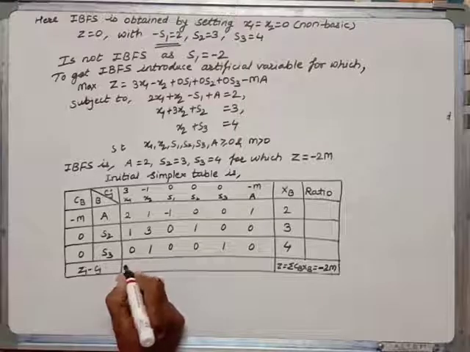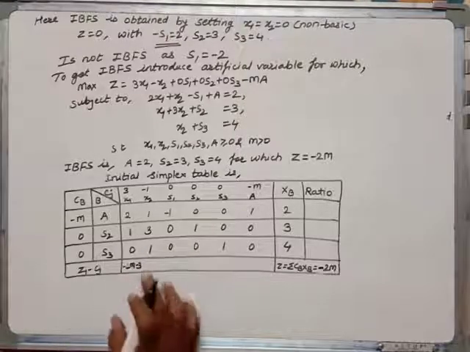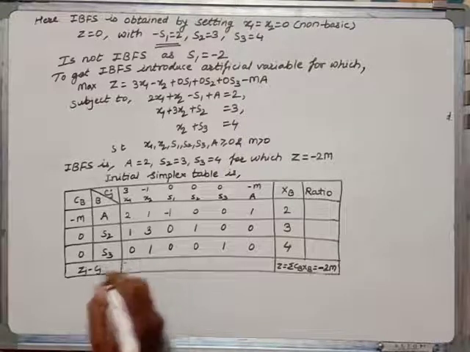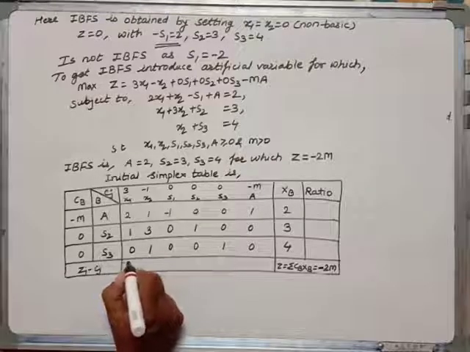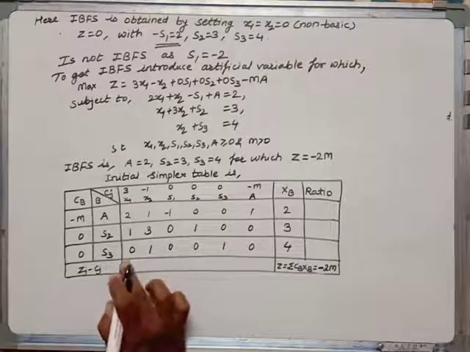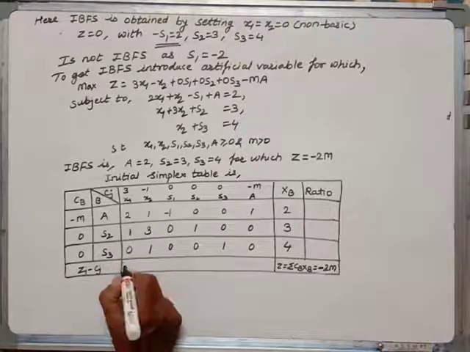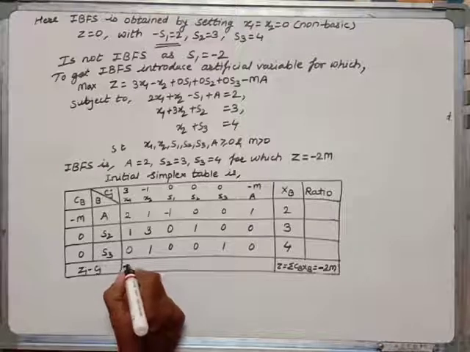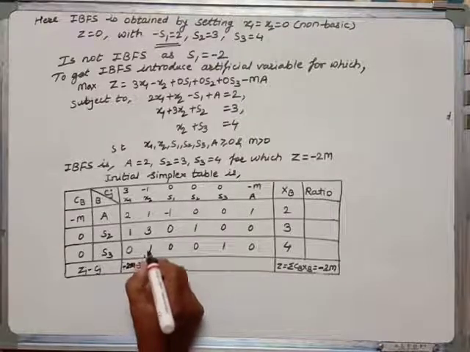So here I get minus 2m minus 3. This is about the first one.